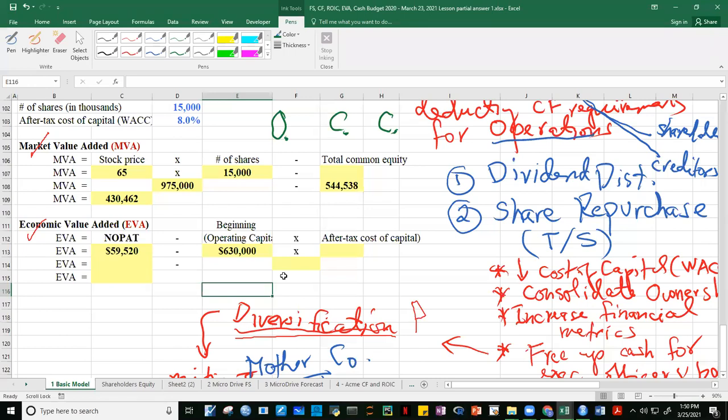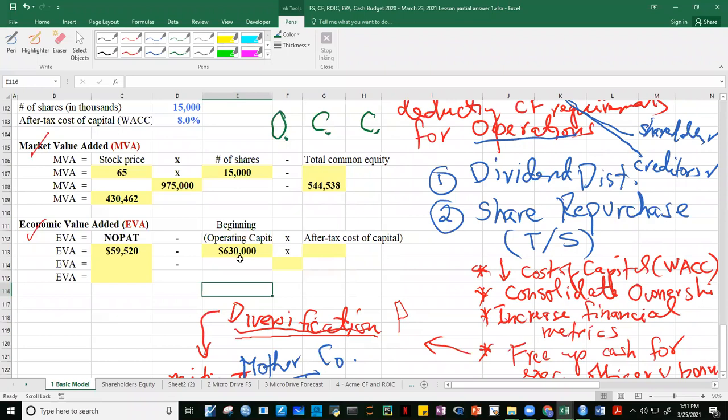So, nag-generate yung management ng 59,520. Good or bad? Teka muna, binigyan sila ng operating capital na magkano? At the beginning of the year, 630 ang pinrovide sa management. Okay, libre ba yan? Hindi. Hindi libre yung 630 na yan, may opportunity cost yan.